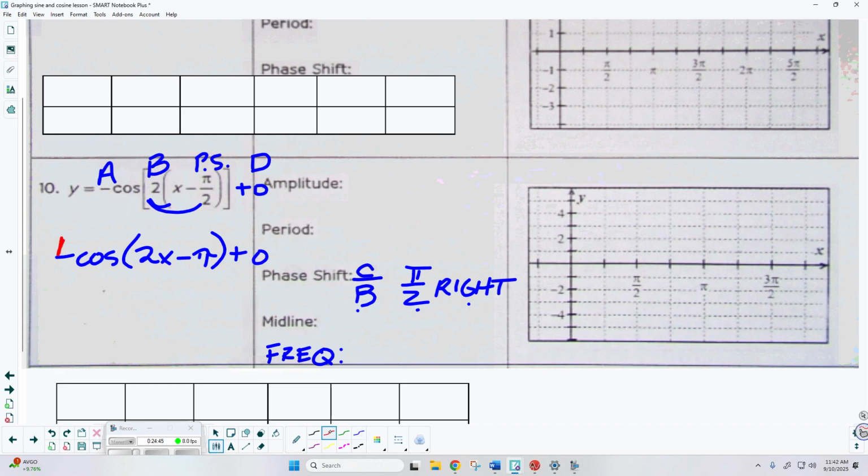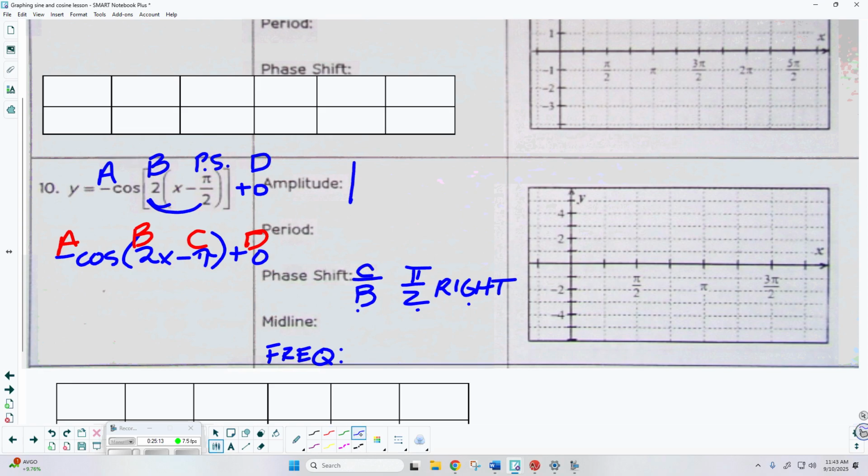So we've still got an A, we've still got a B, we've got a D, but now I actually have the value of C. So there is a difference in how it could be written, and you actually see what your phase shift is. That's exactly right.